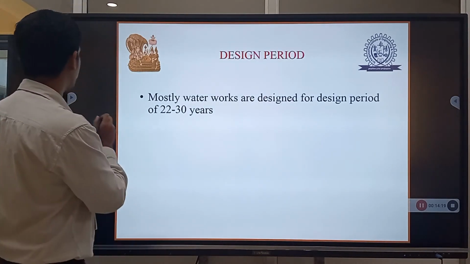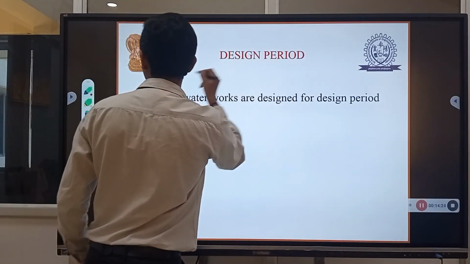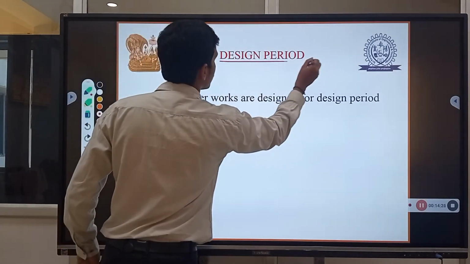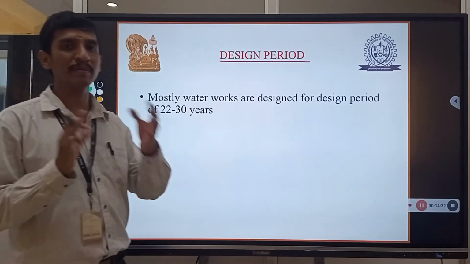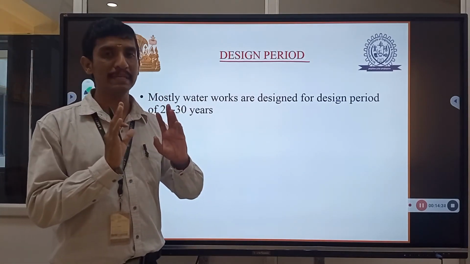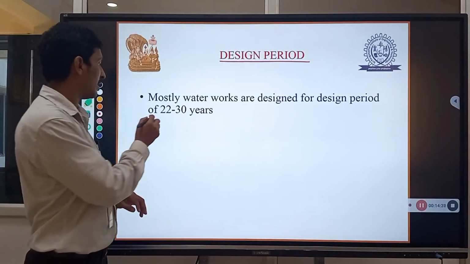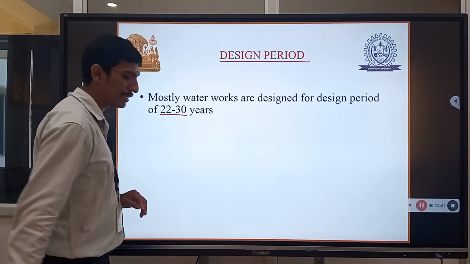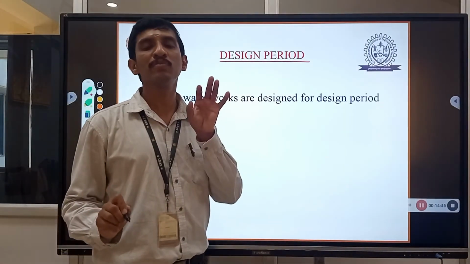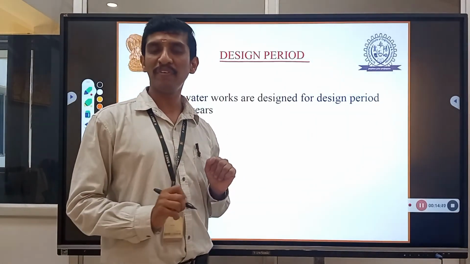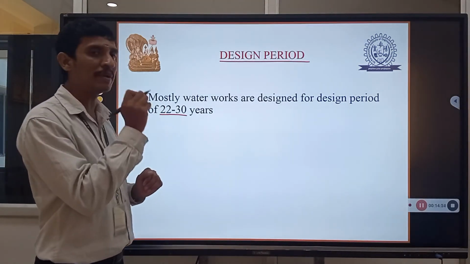Then design period. Design period means how long a hydraulic structure will be retained or used by the particular area. For example, if you need to construct an elevated tank, it is not for 5 months or 2 years; we need to use a minimum of 30 years.